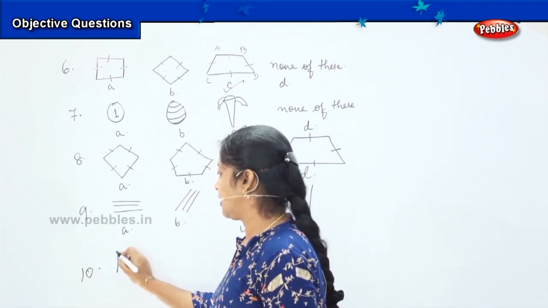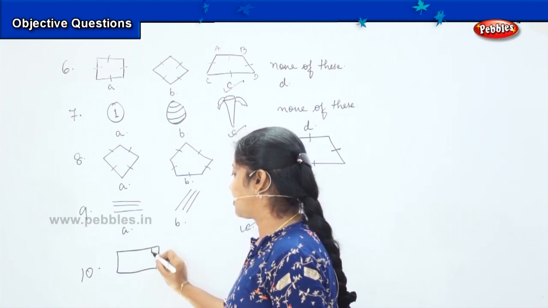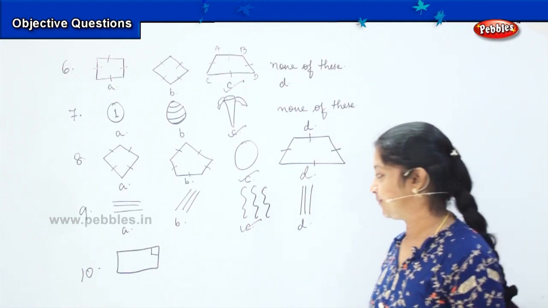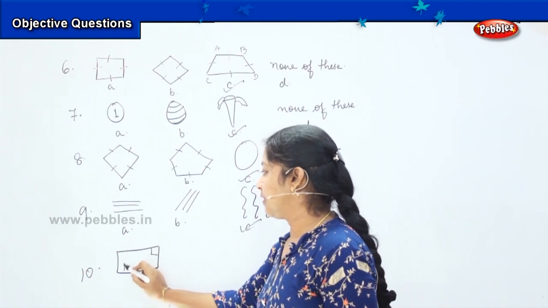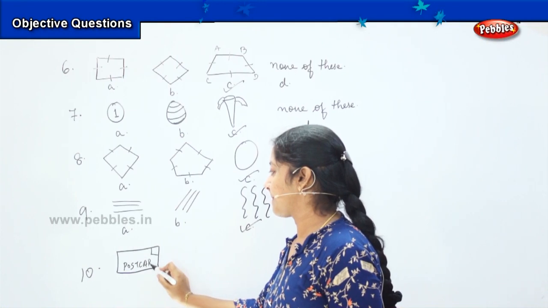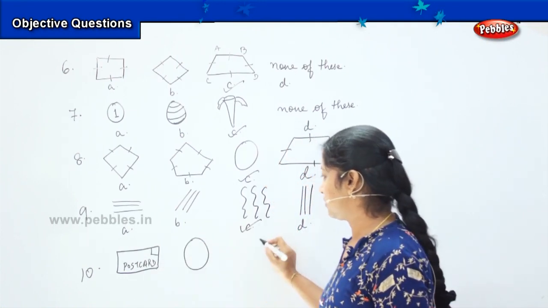Okay. So here you have to tell me which of the following shapes has a rectangular figure. This is my postcard. This is my ball.